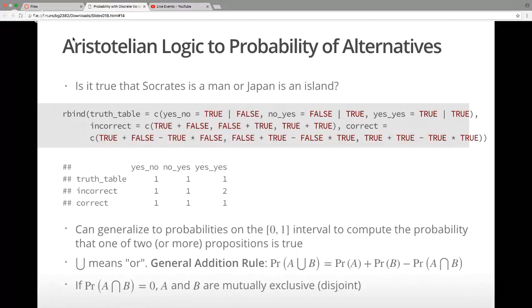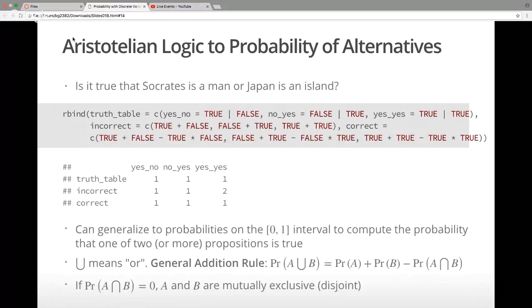So this says the probability that A is true or B is true in general can be represented by the sum, the probability of A being true plus the probability of B being true minus the probability that both A and B are true simultaneously. And that is going to cover all your cases.